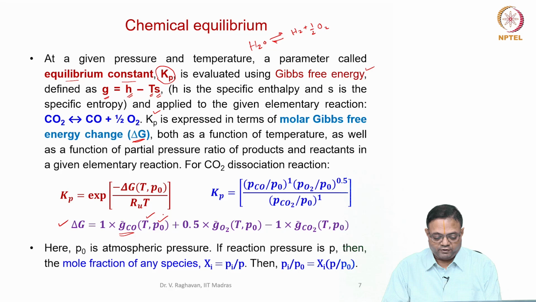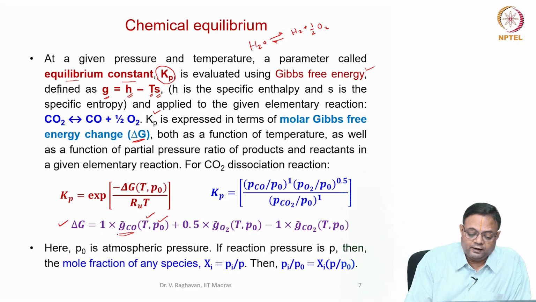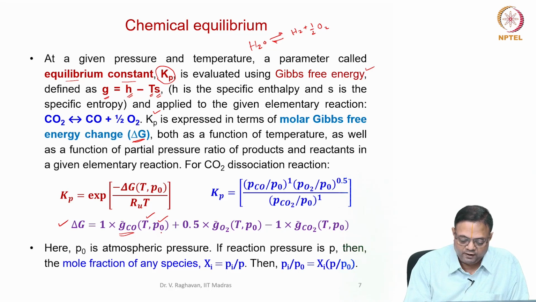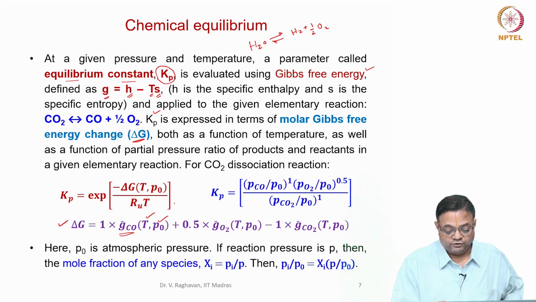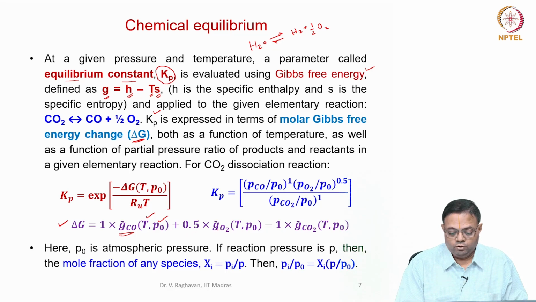P0 is the atmospheric pressure. So, it gives the molar Gibbs free energy of CO calculated at a given temperature T and the atmospheric pressure P0, multiplied by the number of kilomoles of that species, plus oxygen. On the product side, I am taking 0.5 into the molar Gibbs free energy of O2 calculated at temperature T and pressure P0.